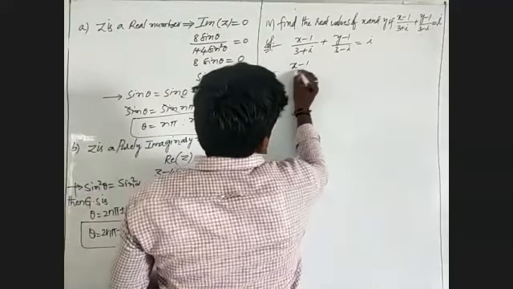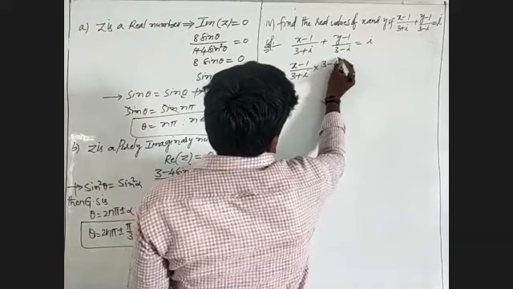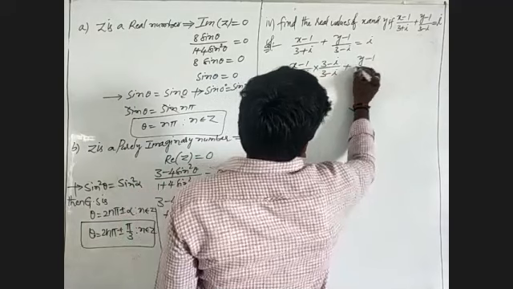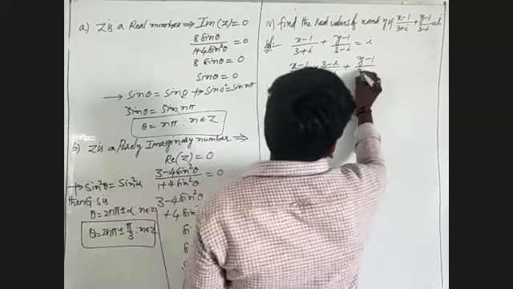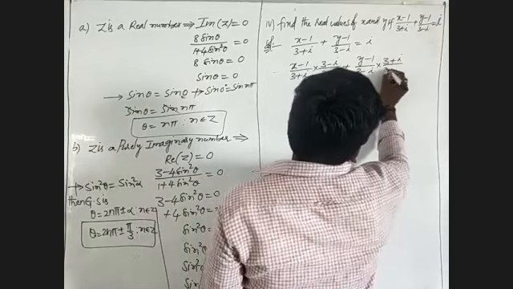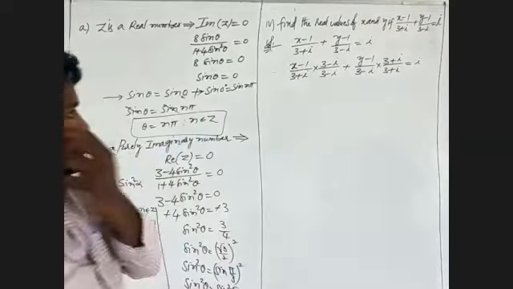Write x minus 1 by 3 plus i into 3 minus i by 3 minus i, plus y minus 1 by 3 minus i, with the conjugate of 3 minus i, which is 3 plus i by 3 plus i, equal to i.